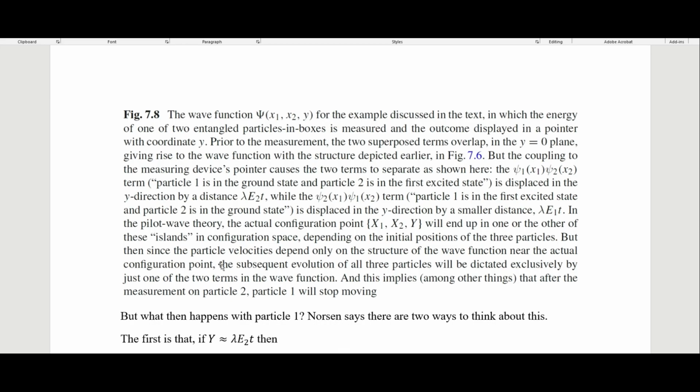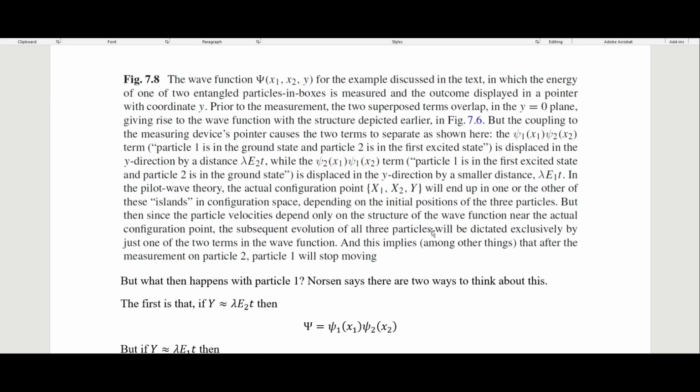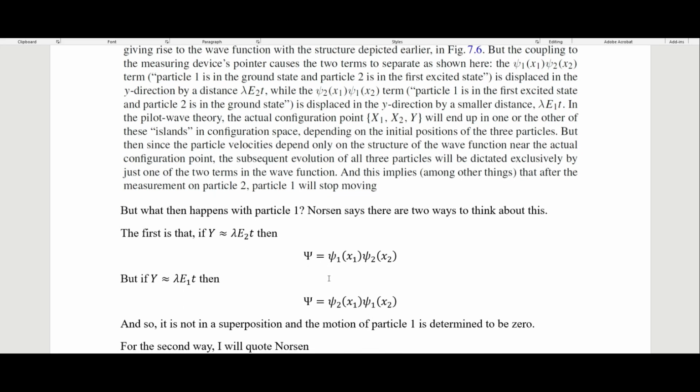But since the particle velocities depend only on the structure of the wave function near the actual configuration point, the subsequent evolution of all three particles will be dictated exclusively by just one of the two terms in the wave function. And this implies, among other things, that after the measurement on particle 2, particle 1 will stop moving.